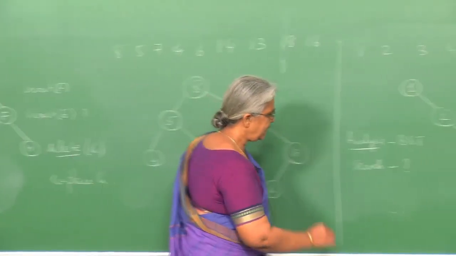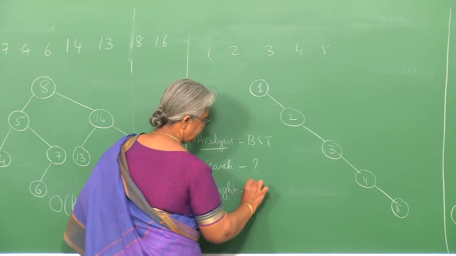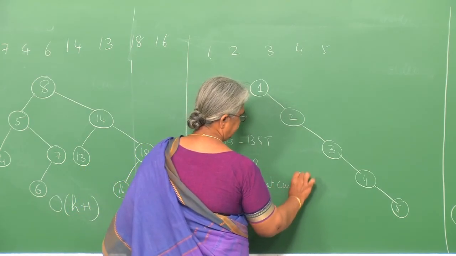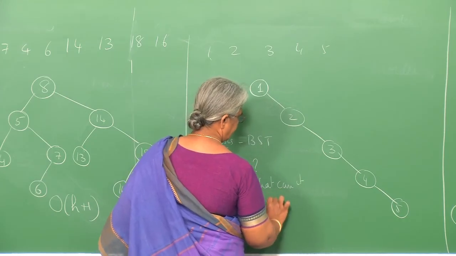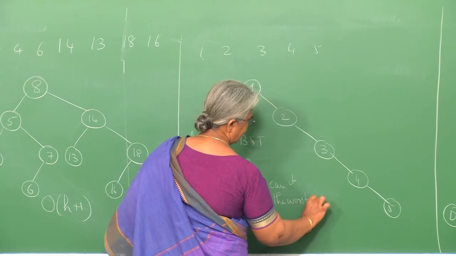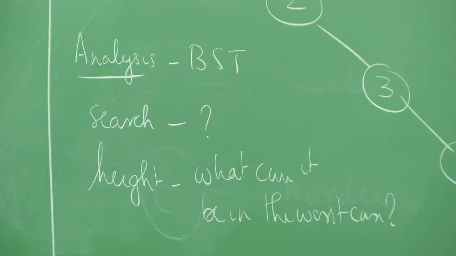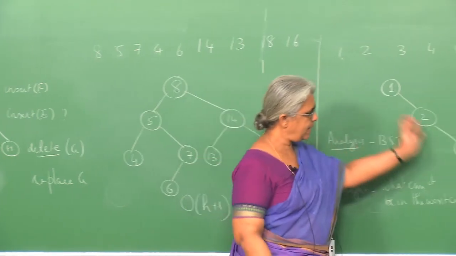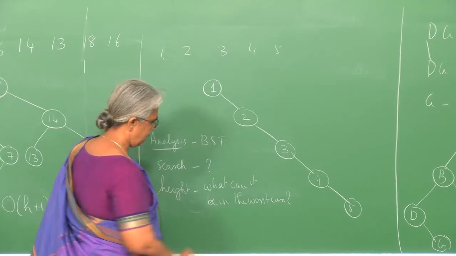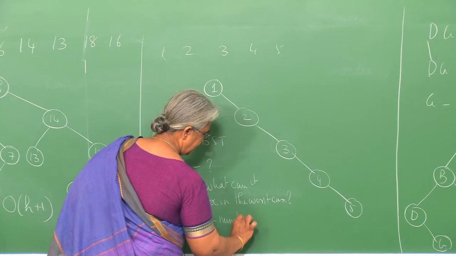What can the height be in the worst case? In the worst case, what can happen is you can have a completely skewed tree and the height can be n minus 1, if n is the number of nodes in the tree.